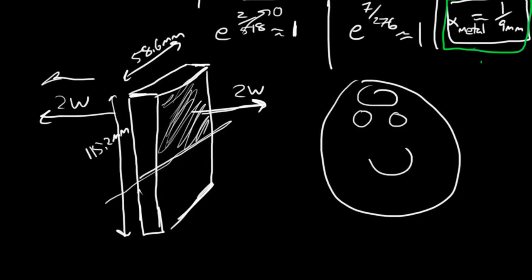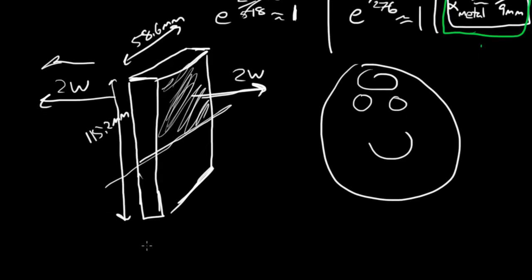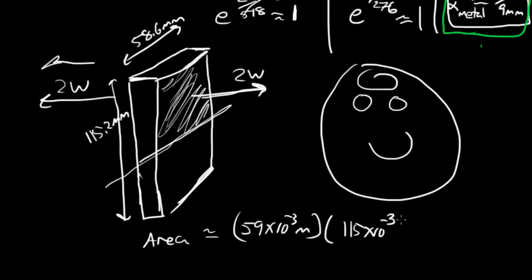What is our power density there? And that's going to be the calculation of the power, well, let me run through the area. So the area, that area up there is approximately equal to 59 times 10 to the minus third meters times 115 times 10 to the minus third meters times 1/2, because it's half of that area.